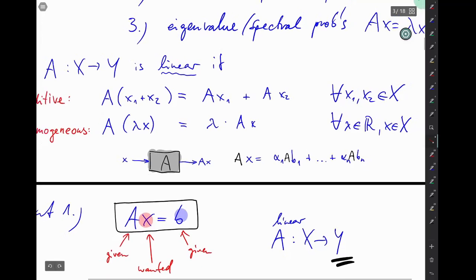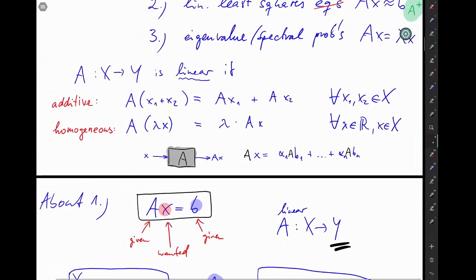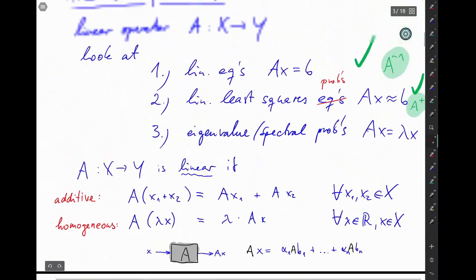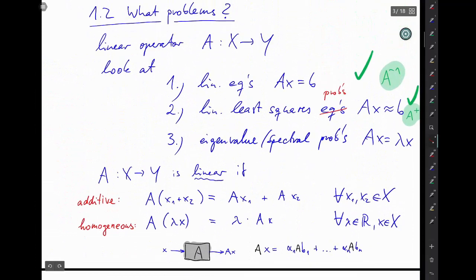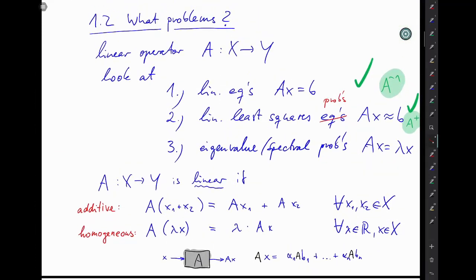So maybe that helps, maybe it's just additional complications. Some people find it helpful to think of functions and operators as little machines, little black boxes. Some others don't. Of course, you can pick what you want.